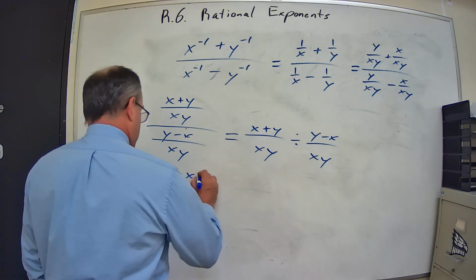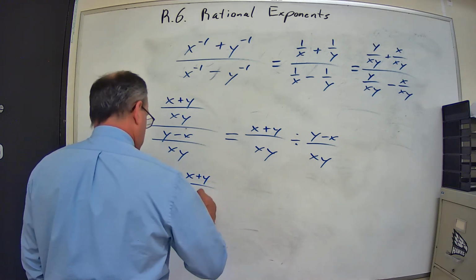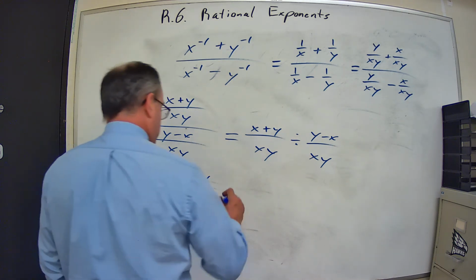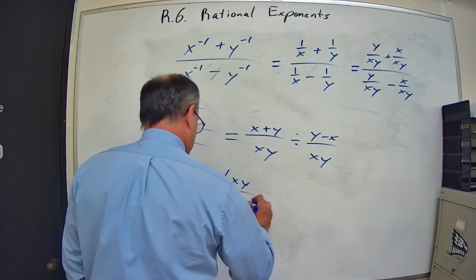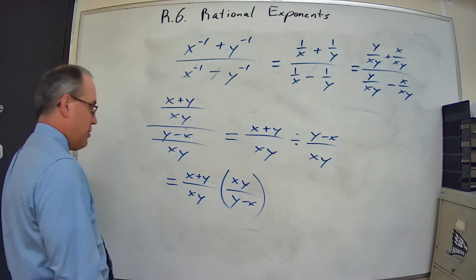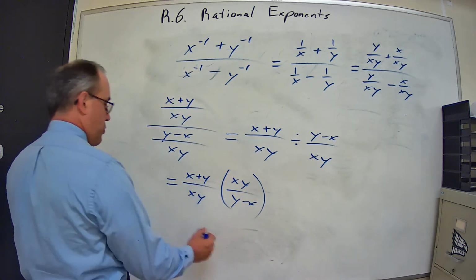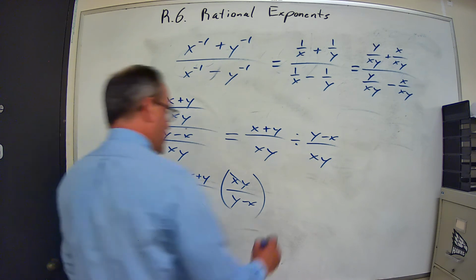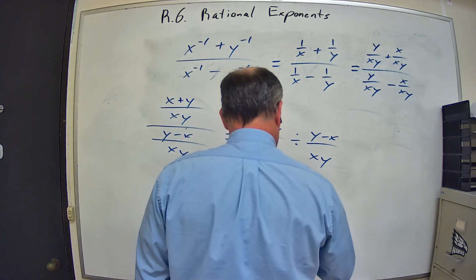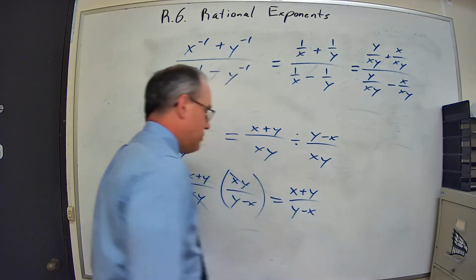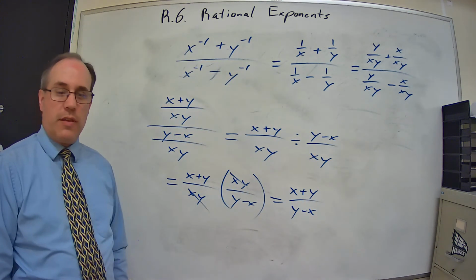It is equal to x plus y over xy times xy over y minus x. The xy cancel, and then we get x plus y over y minus x.